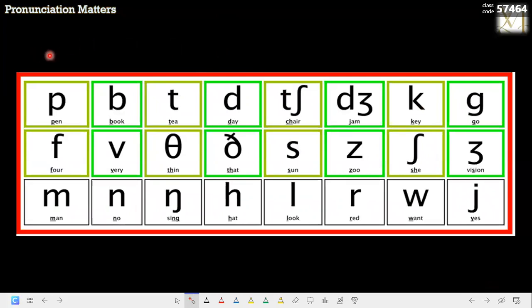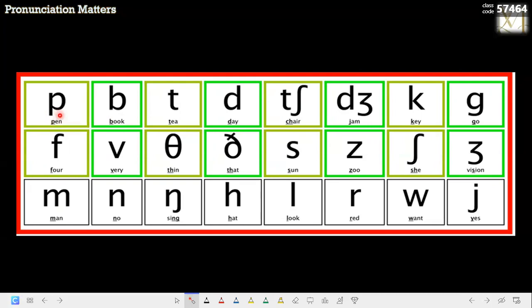Now we can see the consonants, and the consonants are called consonants because they are always pronounced in the same way. We stop the air and release it in a particular way using specific organs in our body. So we say /p/, like pen.